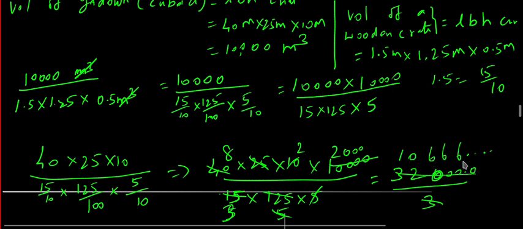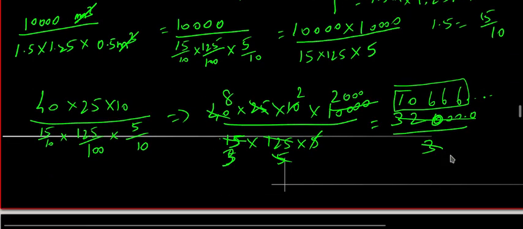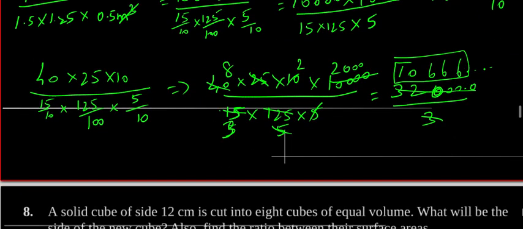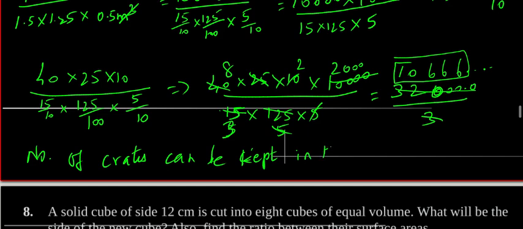So 10,666 will be approximately the number of crates that can be kept. So the number of crates that can be kept in the godown is 10,666.